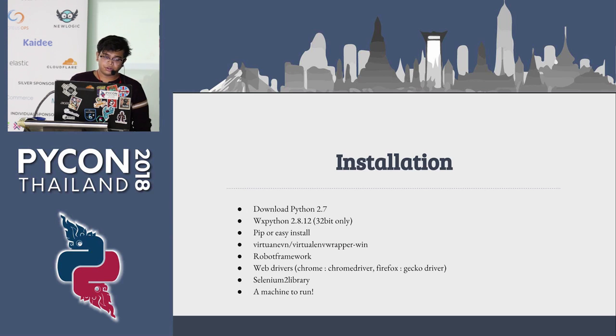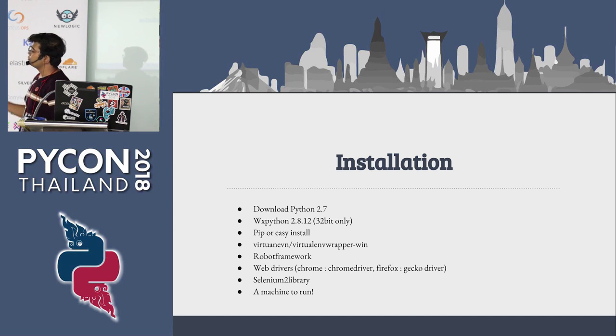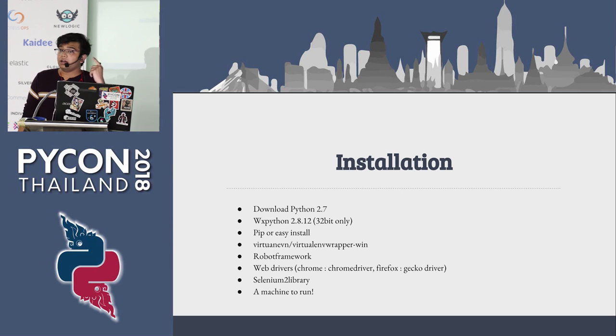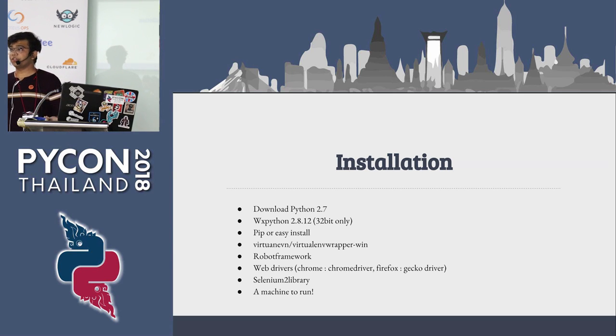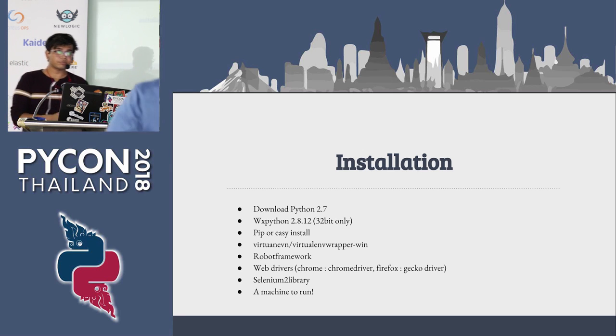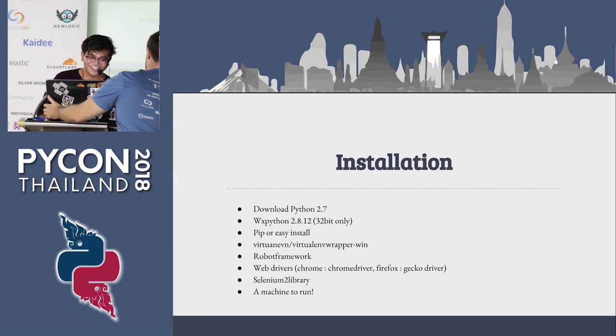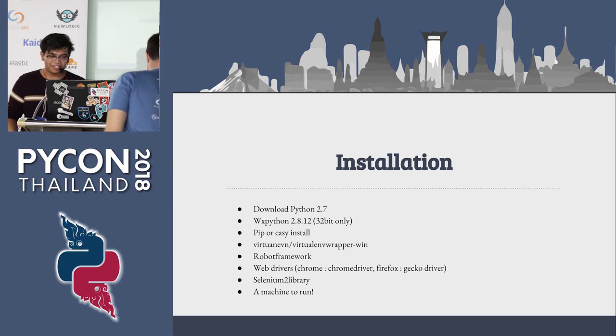So here are the installations that you would need to run the Robot Framework. We only need Python 2.7. You can also run it with Python 3, but if you want to run the IDE version of it, the graphical version, it won't work on Python 3.